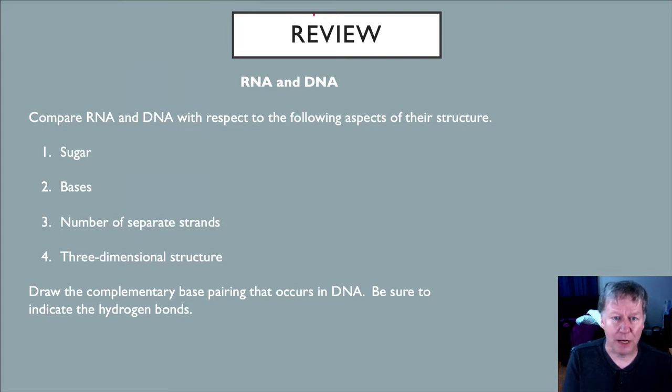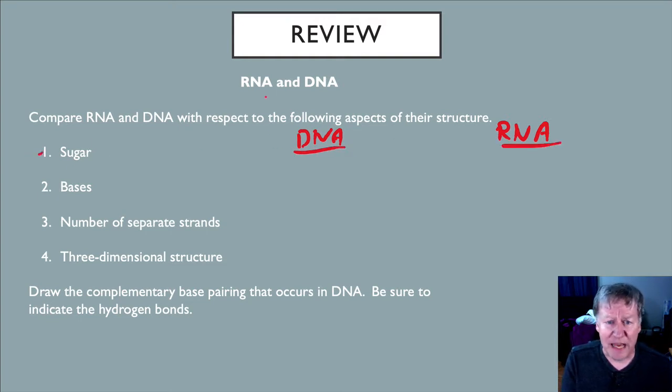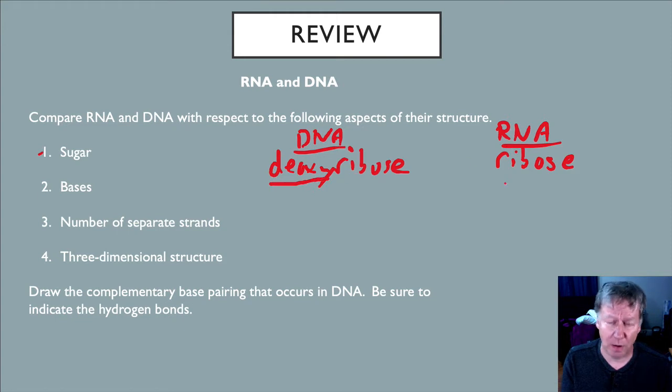Okay, let's go ahead and start breaking this down into DNA and RNA. So DNA versus RNA. In terms of sugars, our first category, DNA has deoxyribose, while RNA has ribose. If you were to get into the chemical structure of these two different sugars, deoxyribose has one less oxygen than ribose has.